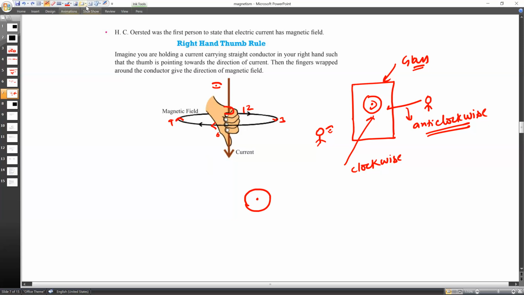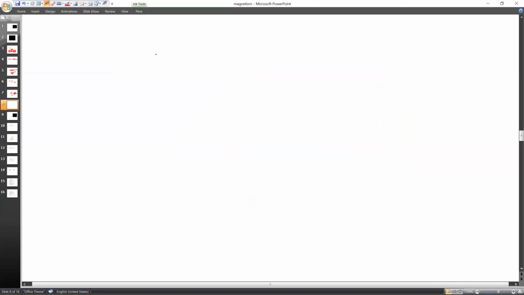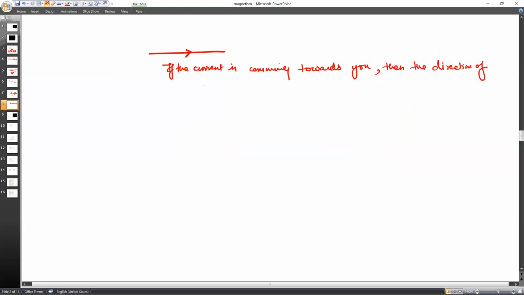In simple words, if the current is coming towards you, then how will the direction of the magnetic field lines be?